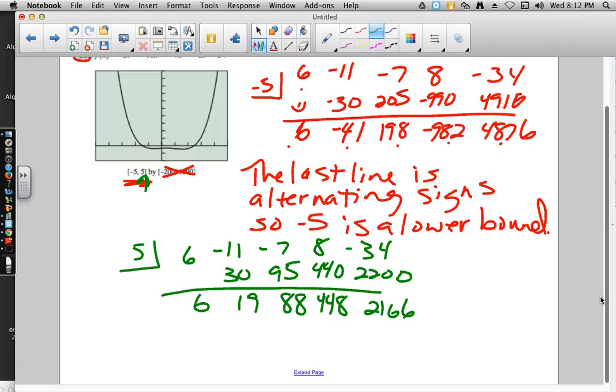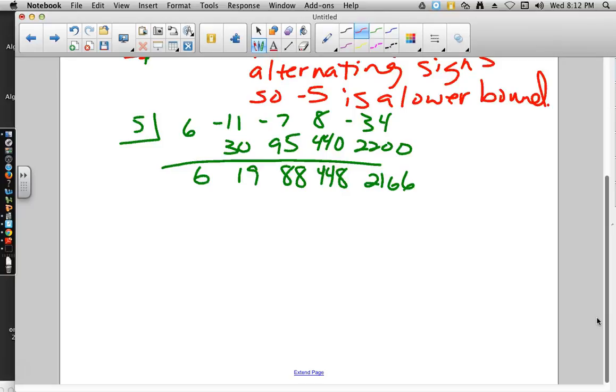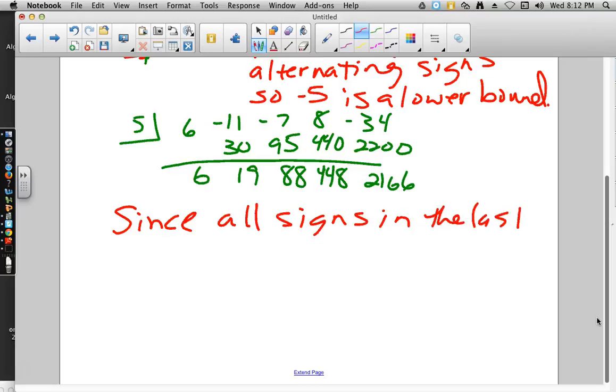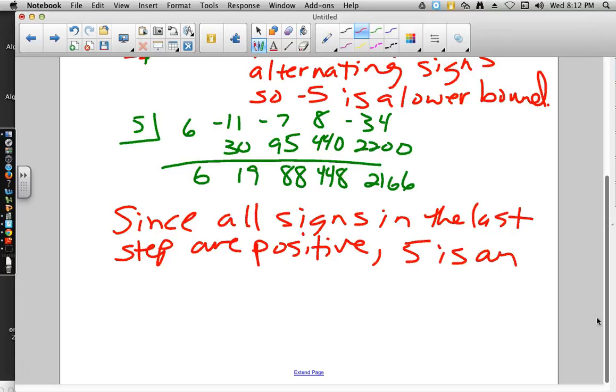2,166. Those are all non-negative numbers. In fact, to be more specific, they are all positive numbers. That means this is an upper bound. So since all signs in the last step are positive, 5 is an upper bound.